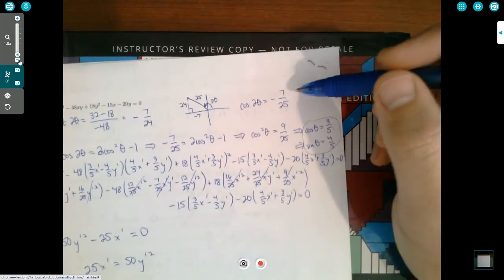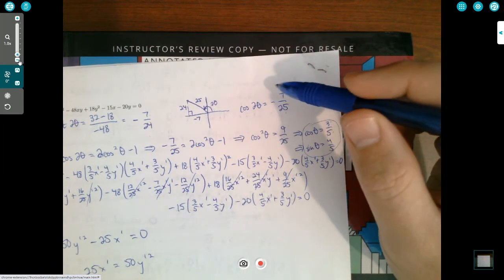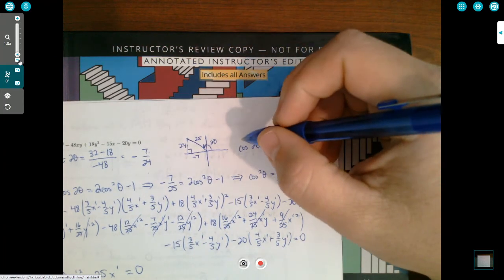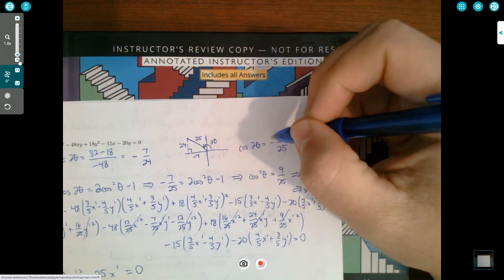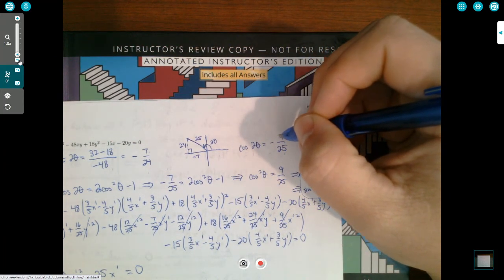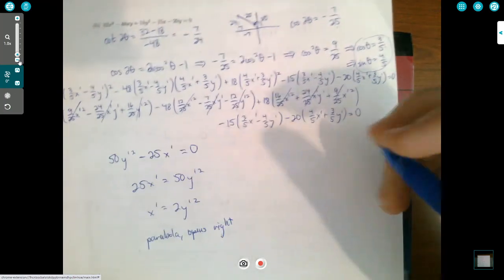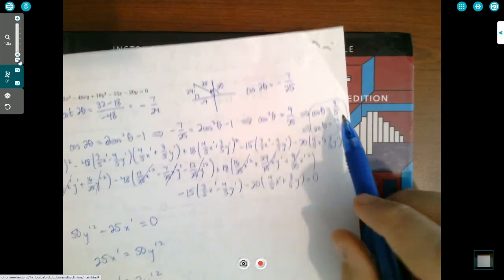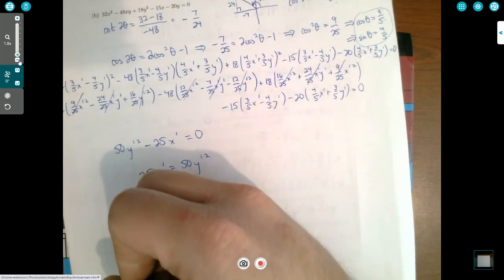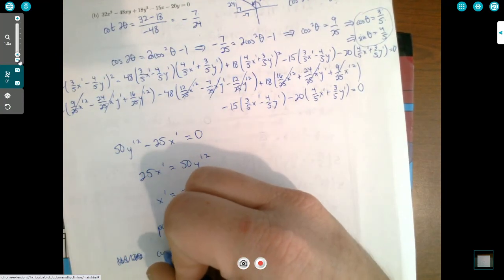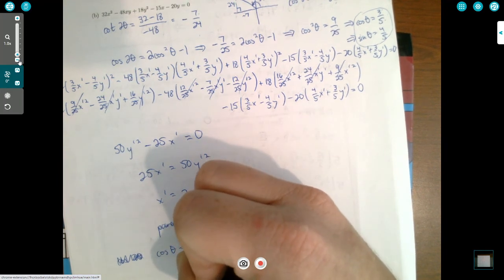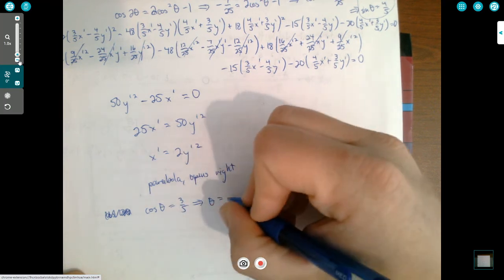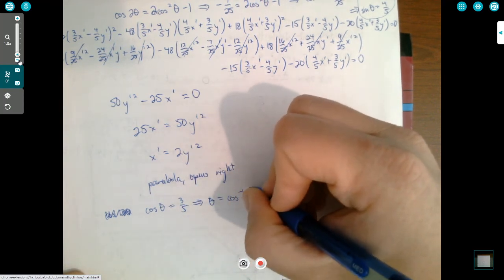The only other thing we need to do is figure out, well, what was the angle of rotation, right? We've got cosine theta equals 3/5. So I'm going to say, since cosine theta is 3/5, theta would be cosine inverse of 3/5.